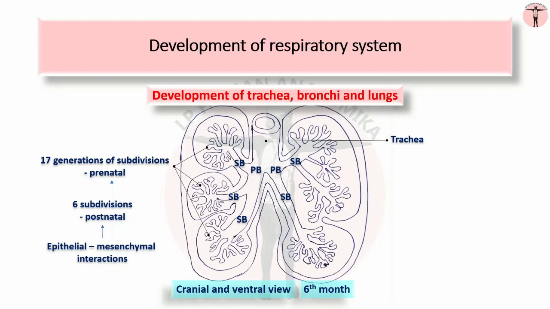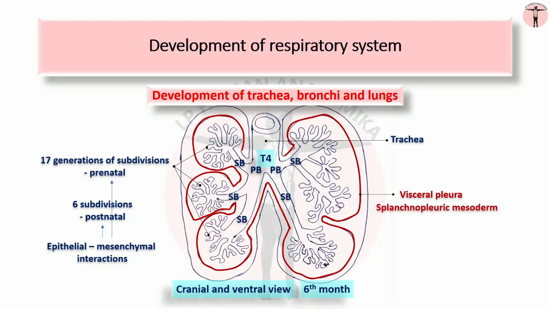While all of these new subdivisions are occurring and the bronchial tree is developing, the lungs move to a more caudal position, so that by the time of birth, the bifurcation of the trachea is opposite the 4th thoracic vertebra. As the lungs develop, they acquire a layer of visceral pleura derived from the splanchnic or splanchnopleuric mesoderm.